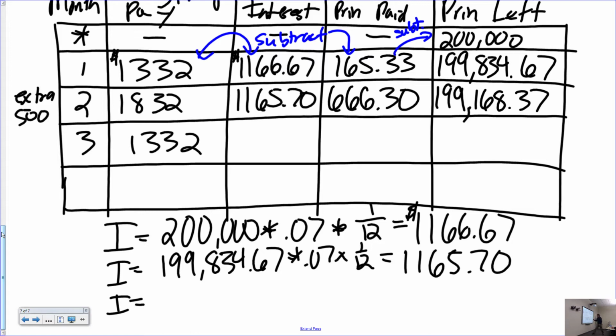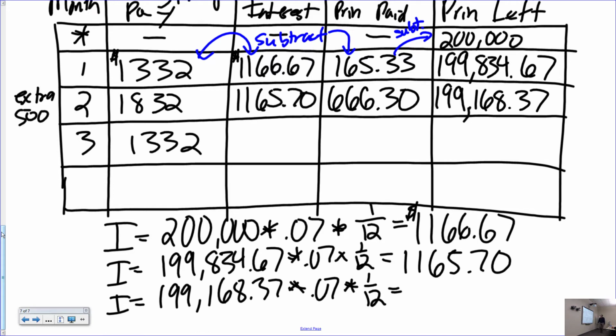Again, folks, the pattern stays the same. So what's 199,168.37 times 0.07 times 1/12? What's our interest in the third month? $1,161.82.